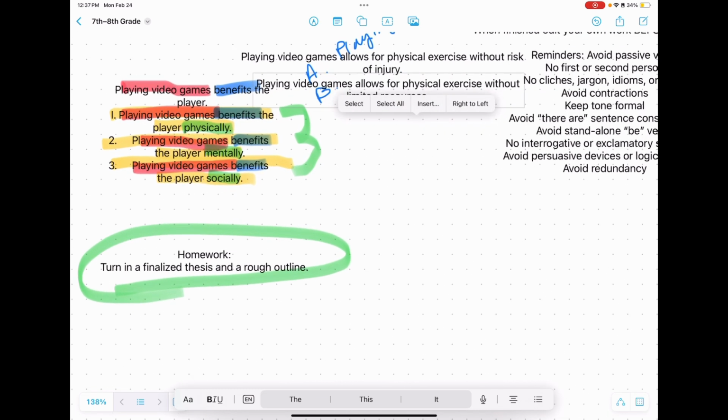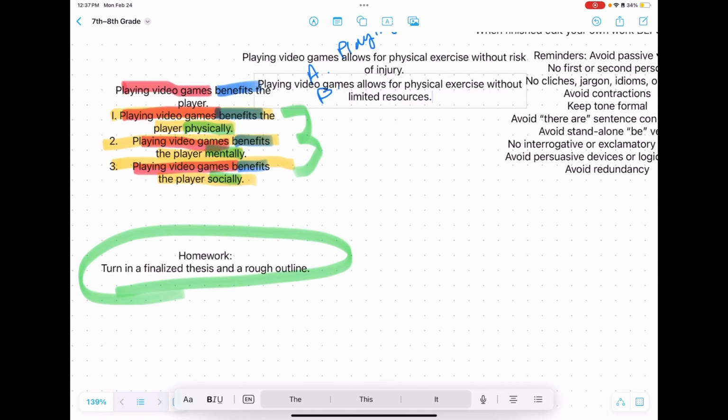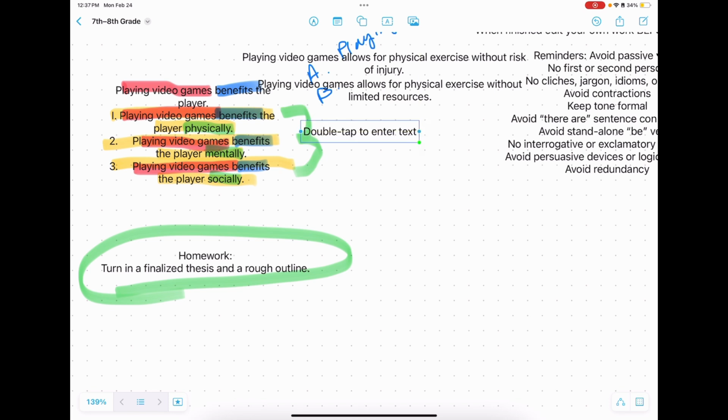So then for the second one, for our second A and B, for point 2, we might say playing video games benefits the player mentally. I'm going to say it allows for development of critical thinking.